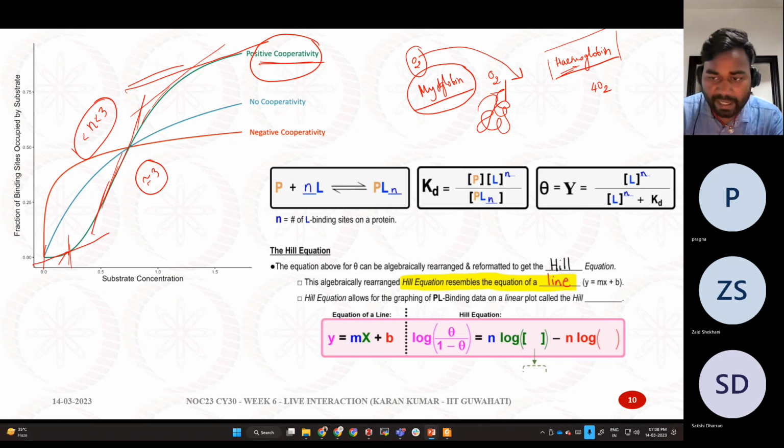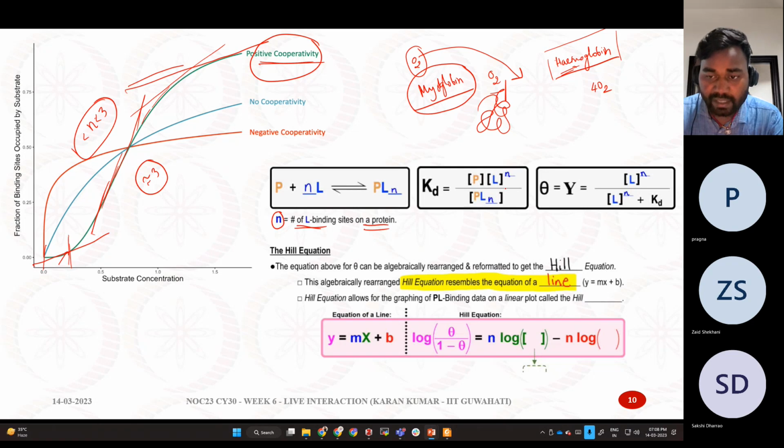This is the kinetic equation given here, where n denotes the number of binding sites in the protein. Because hemoglobin has a total of 4 binding sites, right? So the equation is derived like this. The Kd is equal to [P][L]^n over [PL_n].